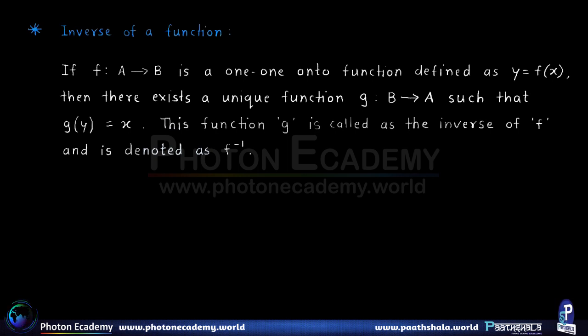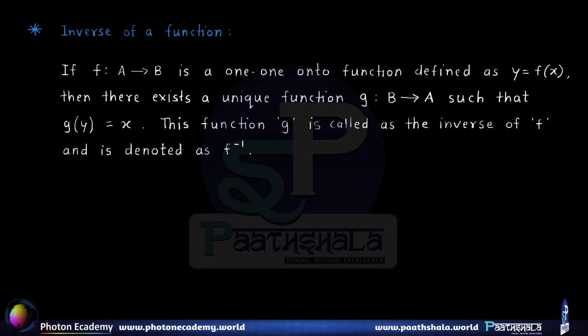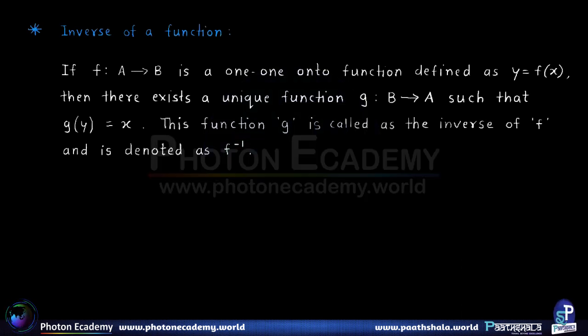Then there exists a unique function, say g, from set B to A. That means now we are interchanging the two sets, that is from B to A, such that g of y is equal to x. And this function g is called the inverse of the function f and is denoted as f inverse. So this is the symbol for inverse function.